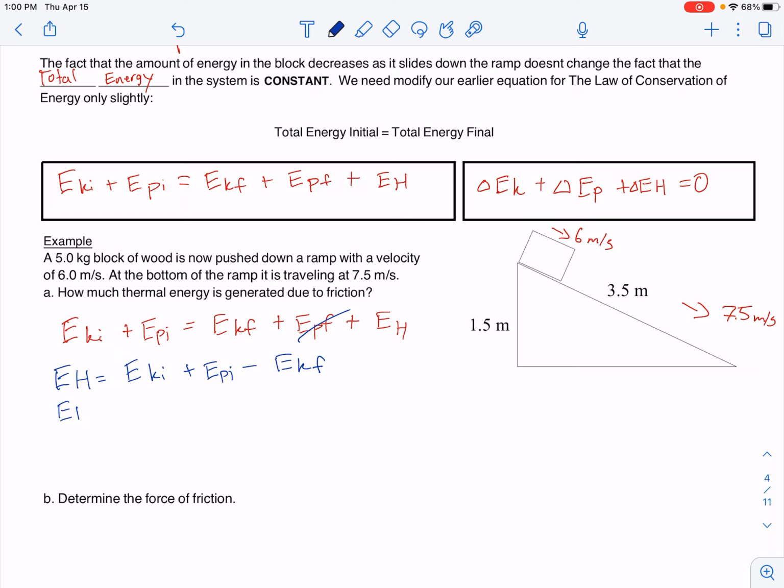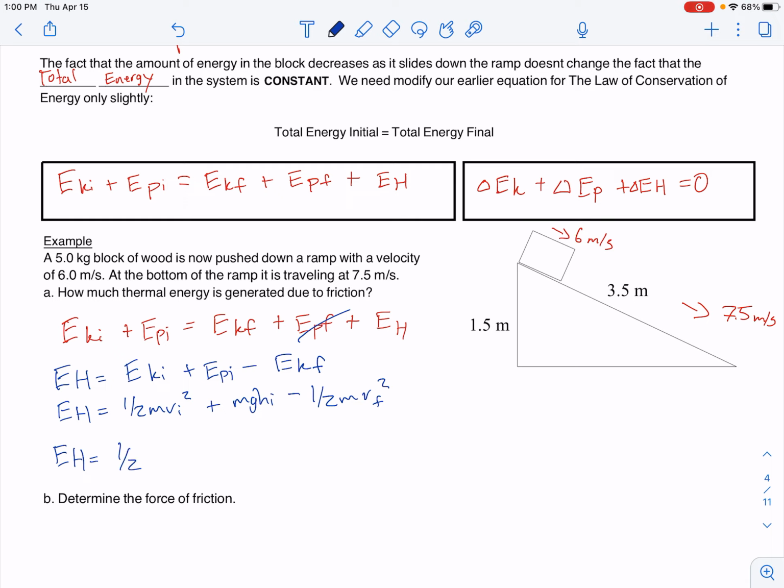Expand out our formula. This shouldn't be too difficult because we're given most of the variables we need. Just ends up being a lot of numbers. So plug in our numbers for our initial kinetic energy at the beginning.